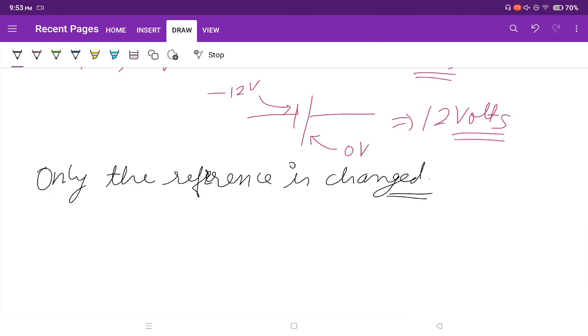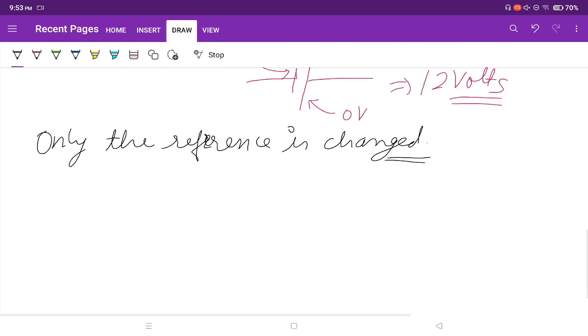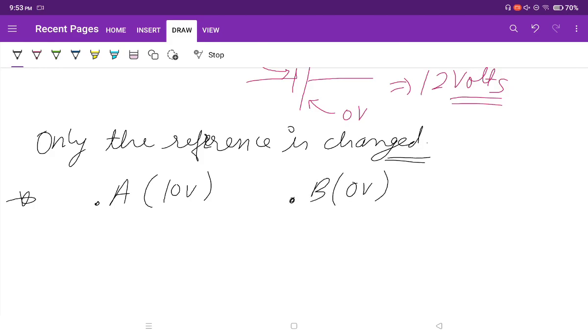Potential is always relative. So we have point A at 10 volts. Now this has to be with some respect. So if I say point B is at 0 volts, then we can say that point A is at 10 volts with respect to B, correct?